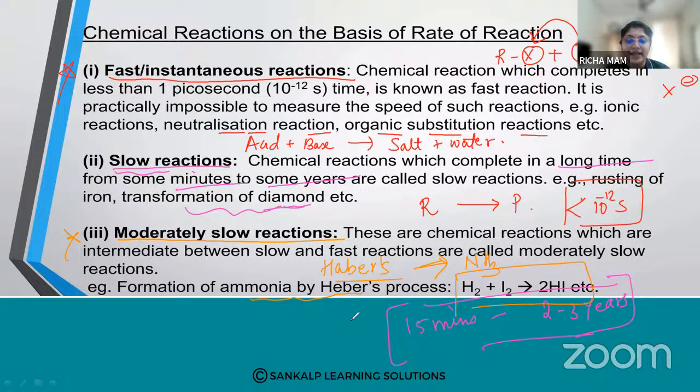Here we have Haber's process, in which we are manufacturing ammonia. Also, we are manufacturing hydrogen iodide: when hydrogen gas is bubbled over iodine, you get hydrogen iodide.